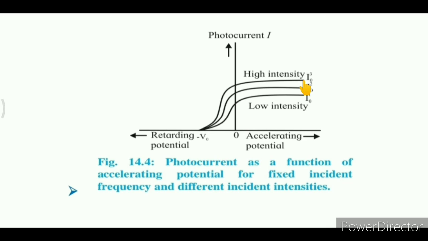Another thing you can observe here is that as we increase the intensity from the value 1 to 2 to 3, the value of the saturation current also increases in proportion.